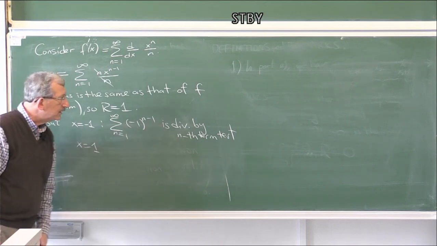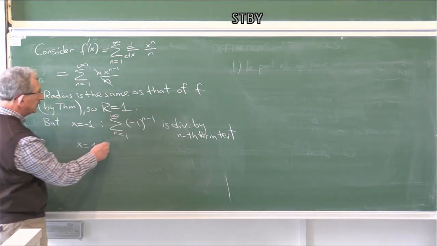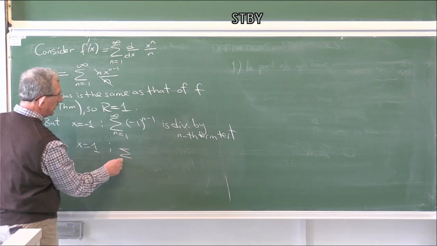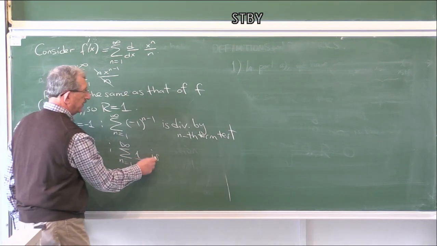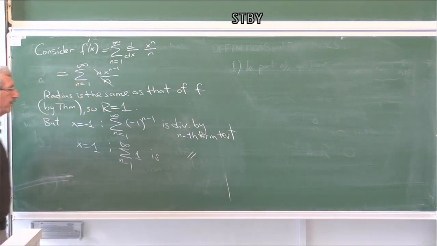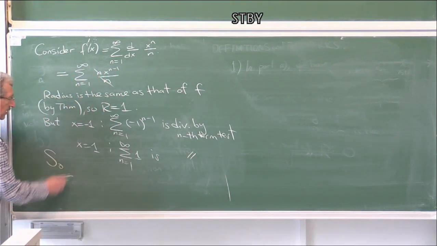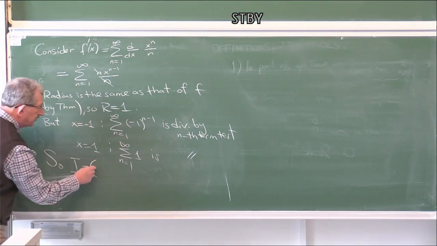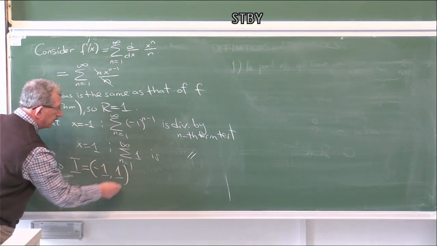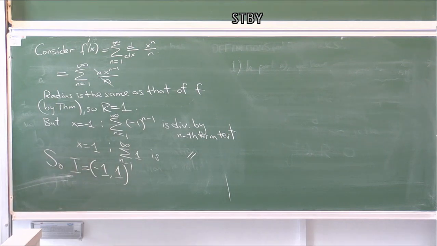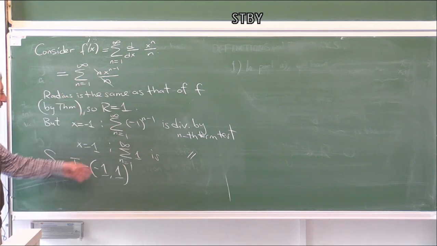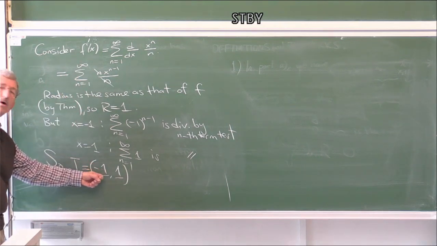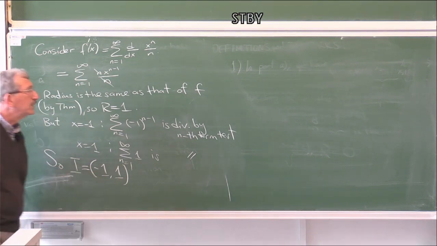So by nth term test, it diverges. If x is 1, we get the sum of 1's, which of course, again, is divergent by nth term test, which says that now the interval is just the open interval without any endpoints. So when we differentiate, the endpoints may not continue to belong to the interval of convergence here.